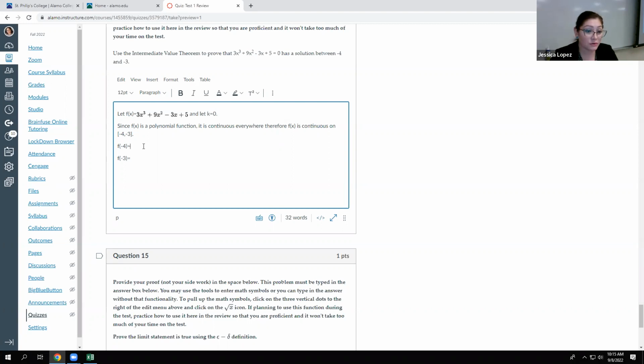Now this part you don't have to type out, you can just put it in your calculator. So if I do 3 times (-4) to the 3rd, plus 9 times (-4) to the 2nd, minus 3 times -4, plus 5, I get the value -31.